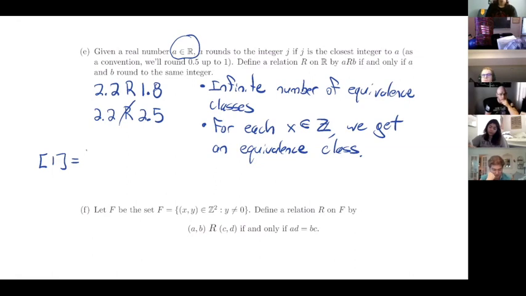So I could write this out as the set of all y in R such that, yes, we're going to need this number to be bigger than or equal to 0.5, since 0.5 would round up to 1, and it's going to have to be less than what?